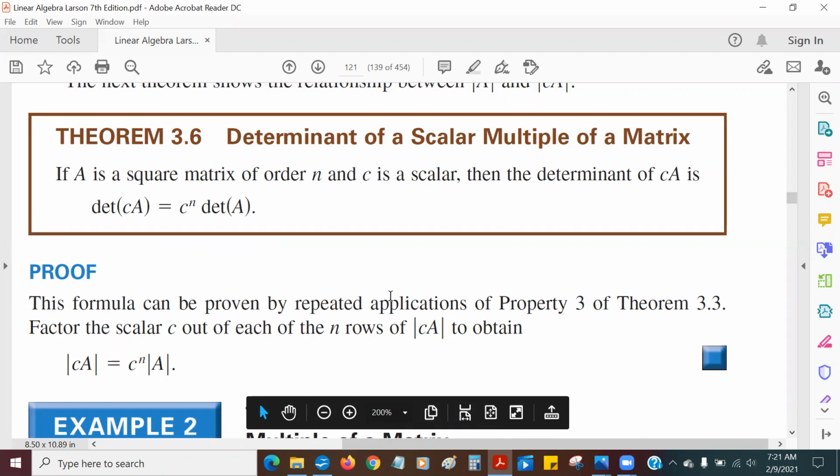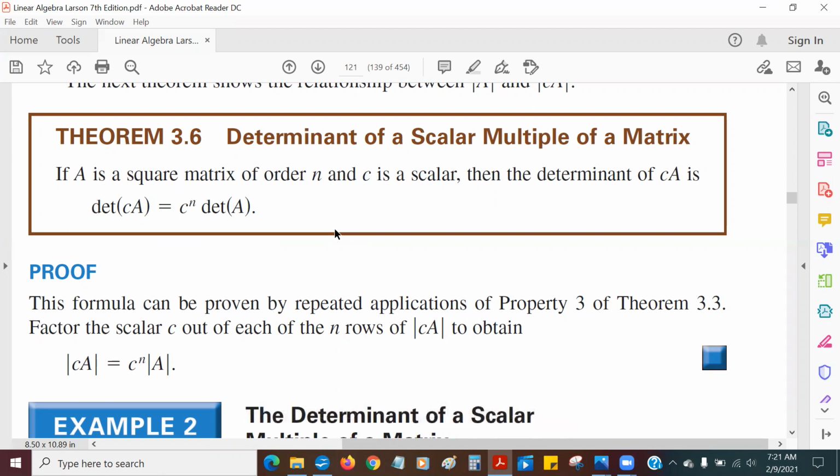Now this theorem is actually very simple. If I take a matrix and multiply the entire matrix by a constant, the determinant of that product, a product of a scalar and a matrix, is not going to be C times the determinant of A, it's going to be C to the nth power. Why is that? Very simple. Because if I multiply a matrix by a constant, I'm multiplying each row by that same constant.